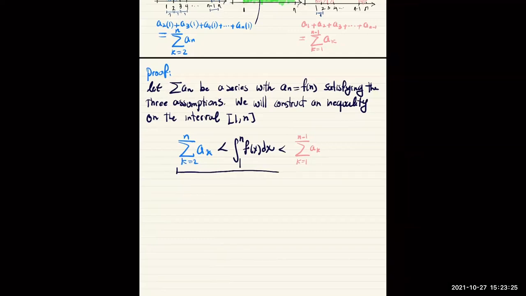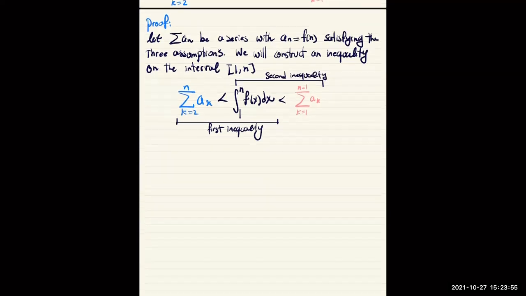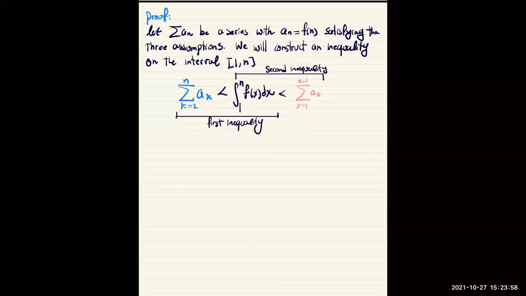Call this the first inequality, and this is the second inequality. We're going to work with them separately. Let's see what each of them implies. Okay, so let's go with the first inequality.